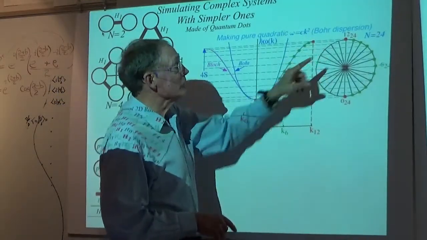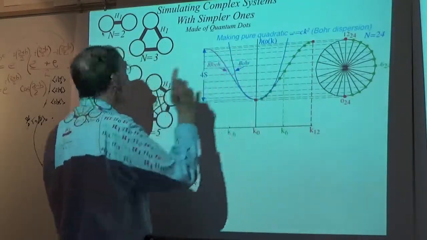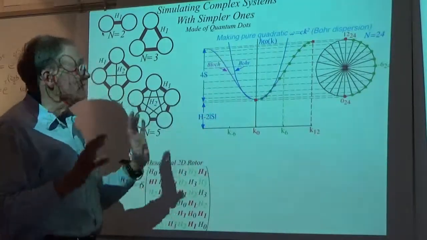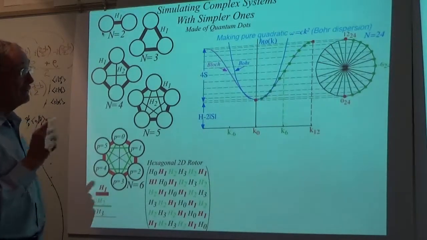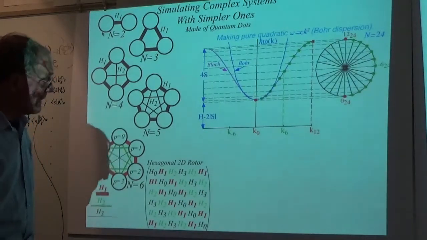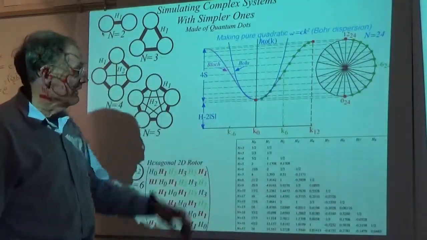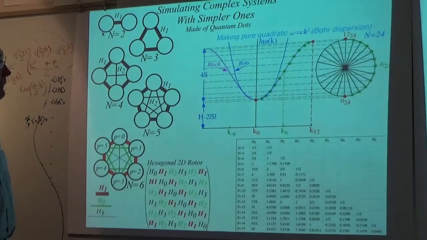But you start putting in cross tunneling, and you can get anything you want, including Bohr's parabola. Okay, you can make the thing boring. It turns out it's not boring to do that. These are the numbers you need in order to make those off-diagonal components give you a perfect parabola.